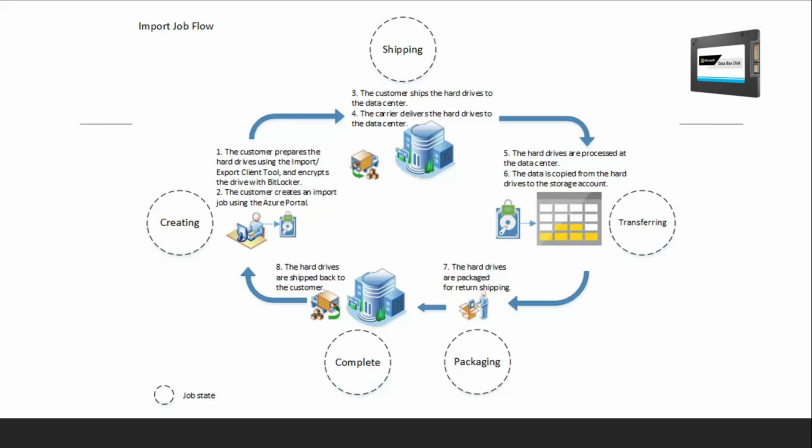Once this shipping is done, the hard drives are processed at the data center. The data is copied from the hard drive to the storage account, and then the hard drives are packaged for return shipping, and the hard drive reaches you back. This is how the entire cycle happens with the import job flow.